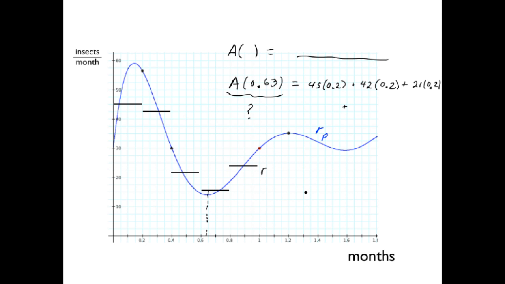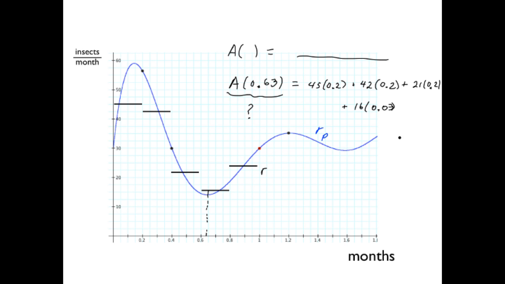so what do I have to do next? It looks like about 16 maybe? Is that fair? Rate of change about 16 times 0.2, right? Times 0.03.